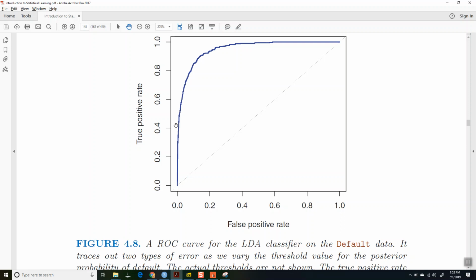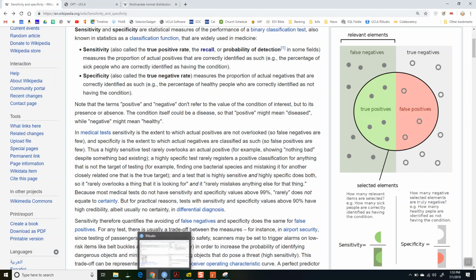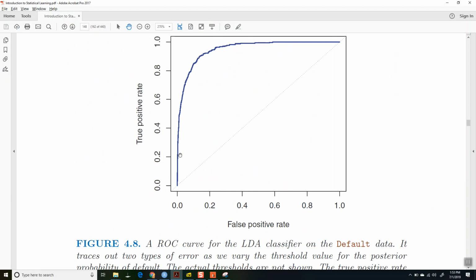What we want is for the true positive rate to go higher and higher, but at the same time we don't want to increase the false positive rate too much. We want to increase the true positive rate without really increasing the false positive rate, and we actually get something pretty good.